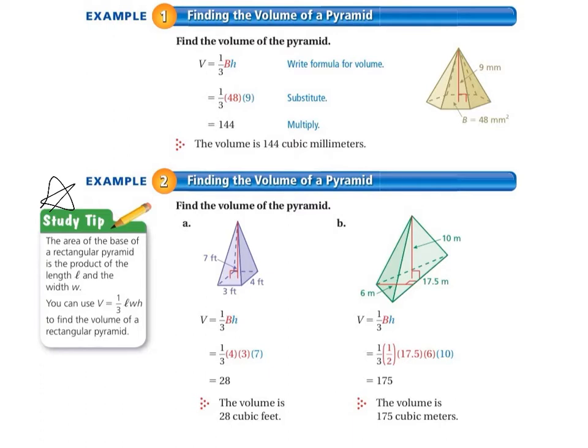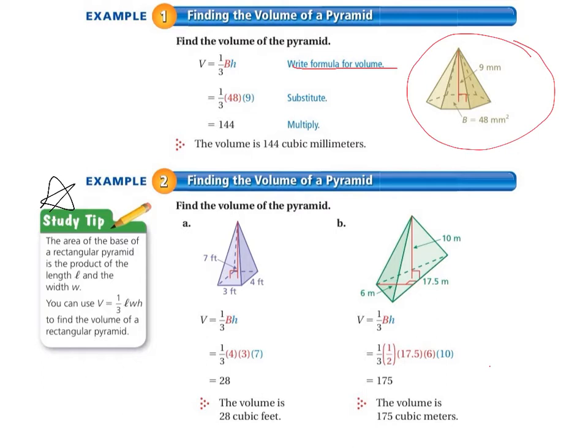So when we're finding the volume of this pyramid here, the first thing we'll do is write the formula for volume. And right here it says V equals 1/3 base times height. So let's substitute these numbers into our formula.